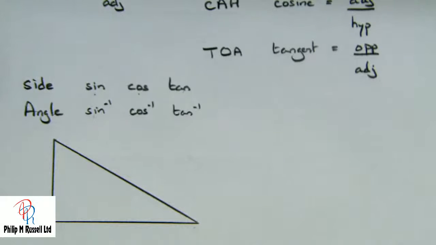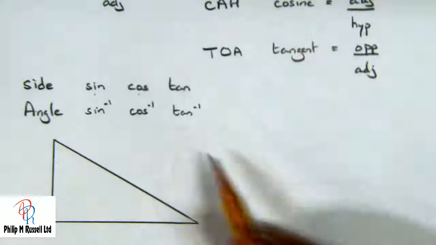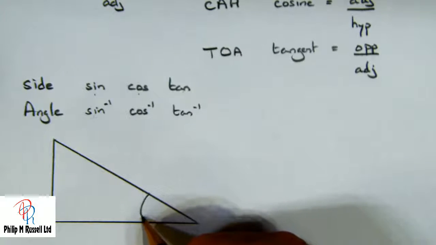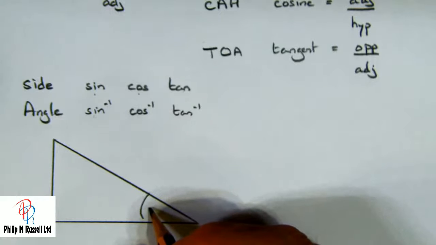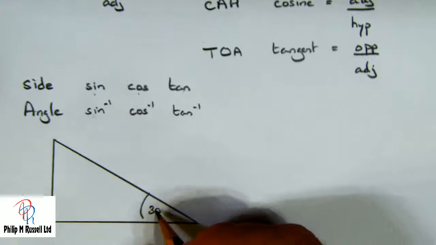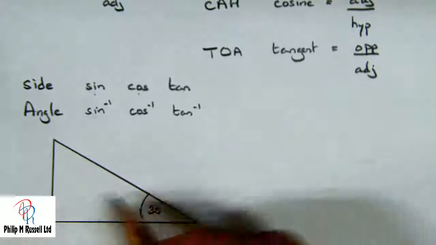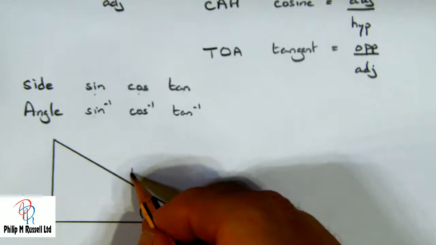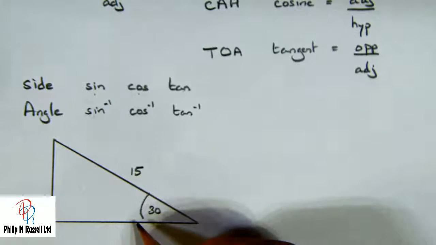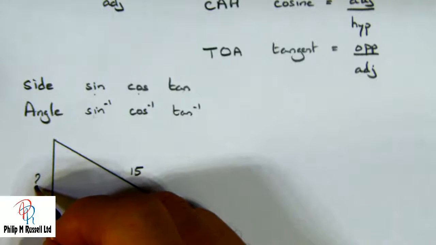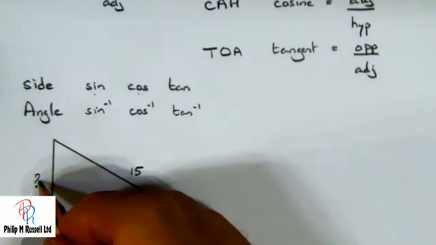There are some odd exceptions when we've got to learn some more trigonometrical ratios, but more of that later. Let's have our angle, and we'll shove this one in as 30 degrees. We'll have here this side, we'll put this one as 15, and I want to determine what is this side. We can call it X if you like.